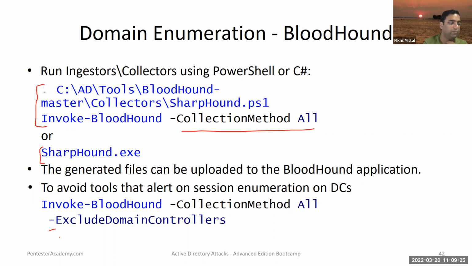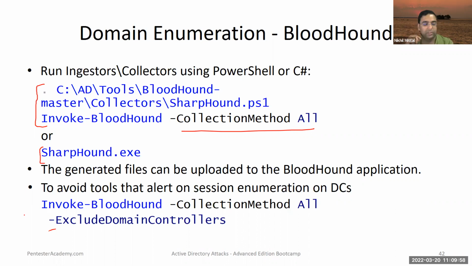Another question is, from 10 to 0, what would be the scale for Bloodhound noise? The problem with Bloodhound is, go for the collection methods that exclusively talk to the DCs.